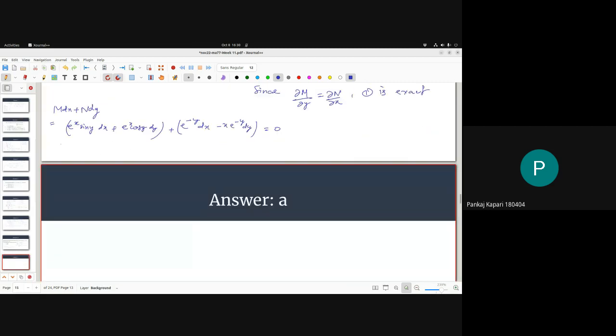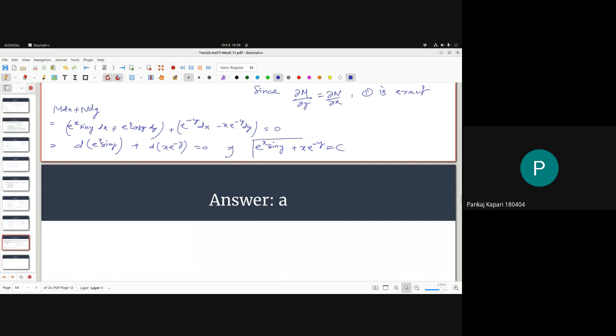Now you can see that this particular term becomes d of e to the power x sin y, and the second term just becomes d of x e to the power minus y, equal to 0. So when you integrate this, the general solution here is e to the power x sin y plus x e to the power minus y is equal to a constant.